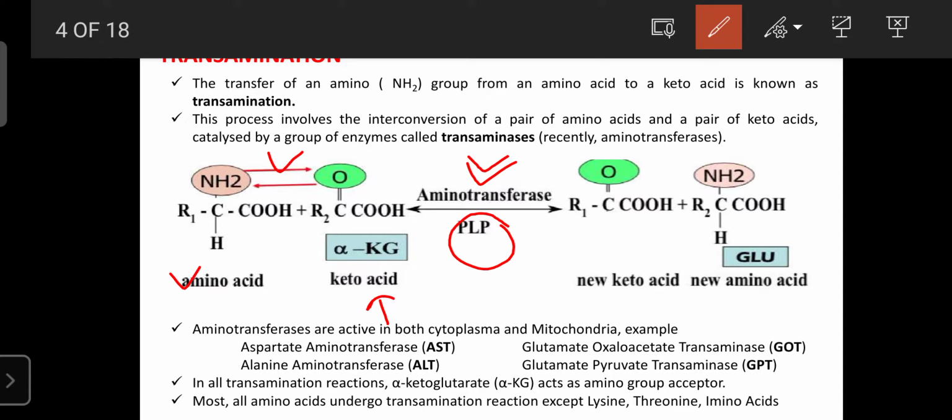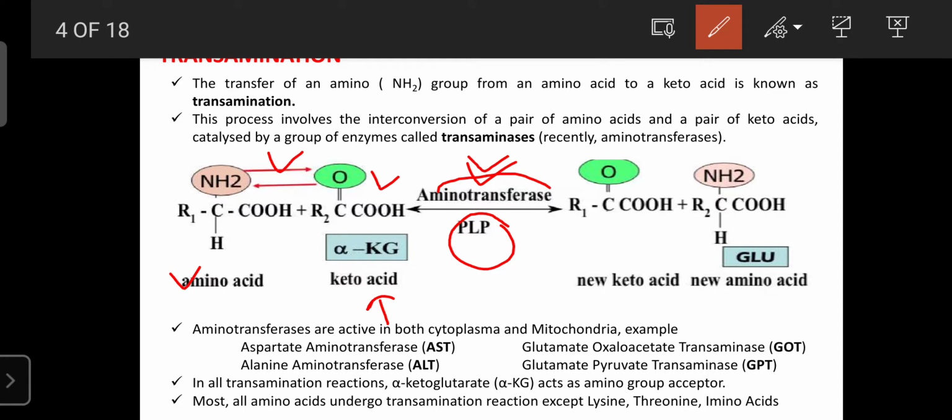Then that amino group is transferred to the keto acid, and then the enzyme is separated. Like that, this enzyme, the transaminase, is helpful for the interconversion of amino acid into keto acid and keto acid into amino acid by catalyzing the reactions, transporting the amino group. In the presence of pyridoxal phosphate, it is obtained from pyridoxine or vitamin B6.